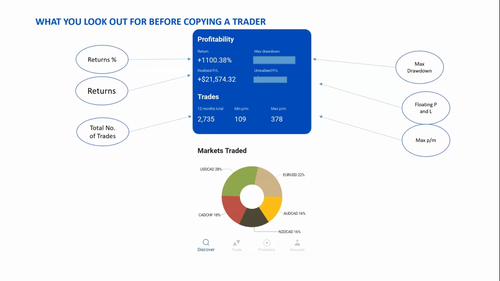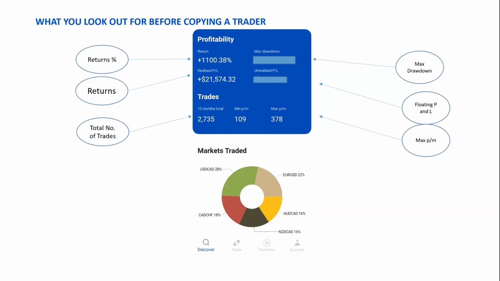Then you can see the returns, which are over 1,100.38%. This is good from all indications. So look at the returns in percentage. Now you can see the markets traded, which I love. That is what you are going to see on the dashboard of this signal provider.